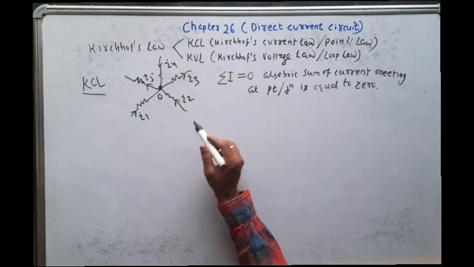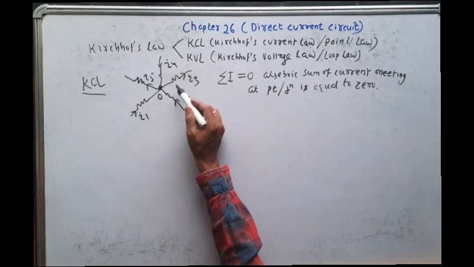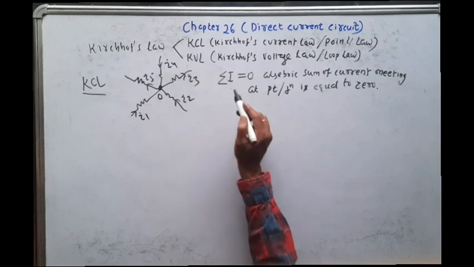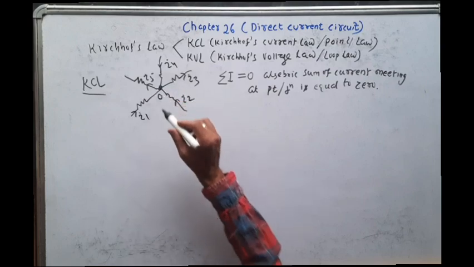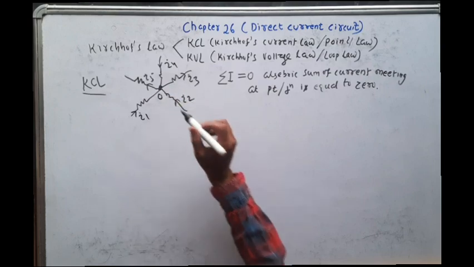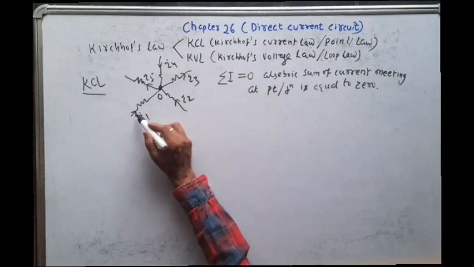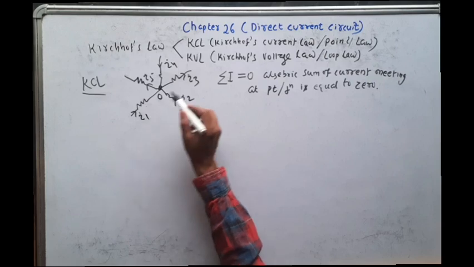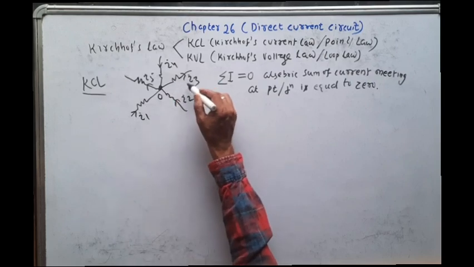If incoming current is taken to be positive, then outgoing current is taken to be negative. I1 is incoming current, so I take it as positive, and I3 is leaving current from this junction, so it is negative.